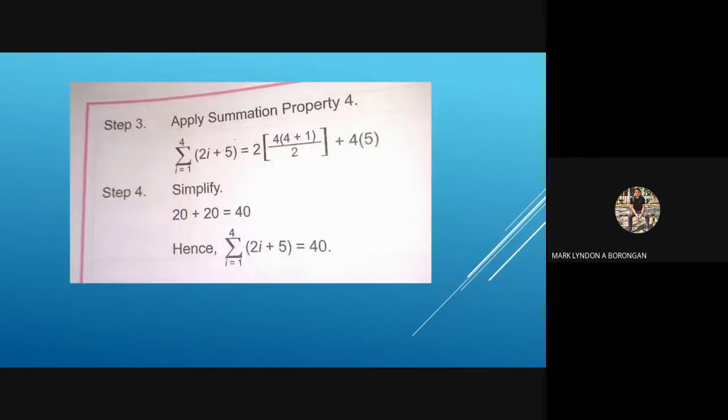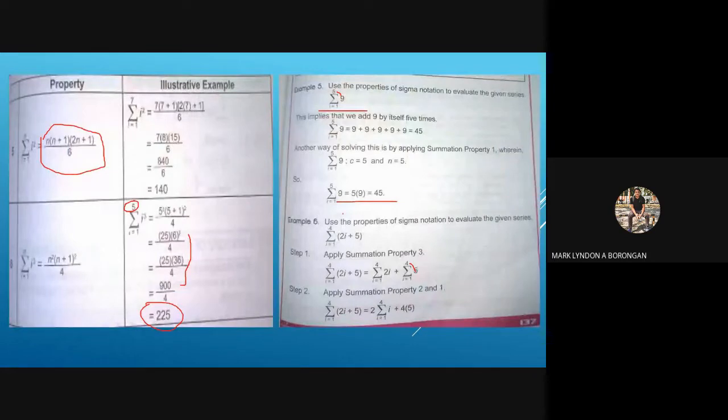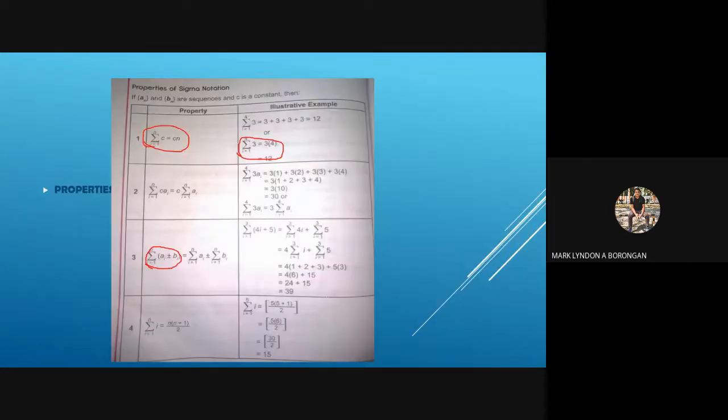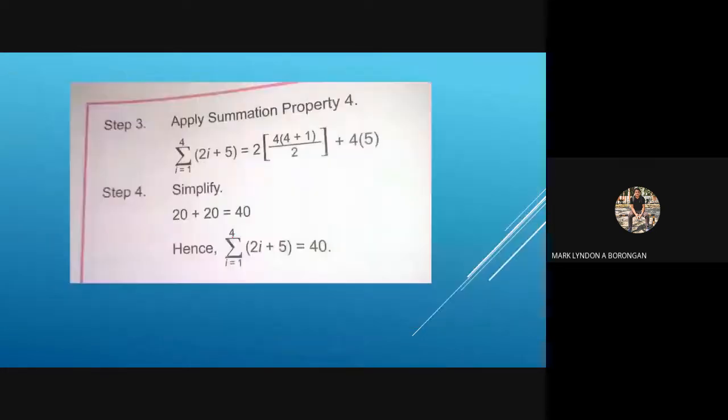Now this is the summation of i, so we apply the fourth property. We use n times n plus 1 divided by 2. So that will be 4 times 4 plus 1 divided by 2.